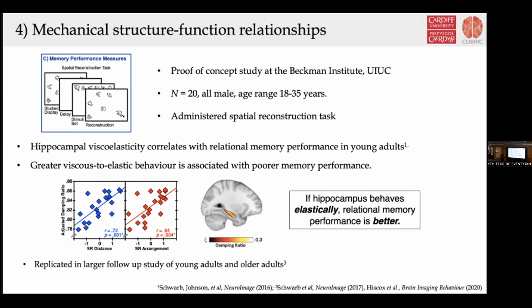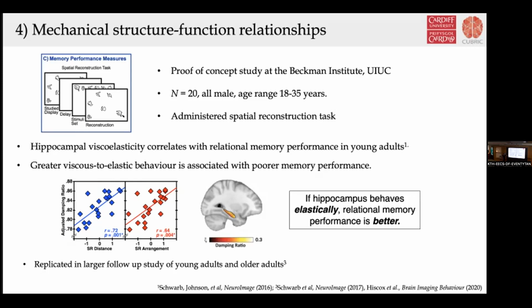It's usually sensitive to hippocampal volume in older adults, but not in young, healthy adults when there isn't much variation in volume. But in this study, a strong association was found between SR task performance and hippocampal damping ratio. So essentially, if the hippocampus behaves elastically, relational memory performance is better.